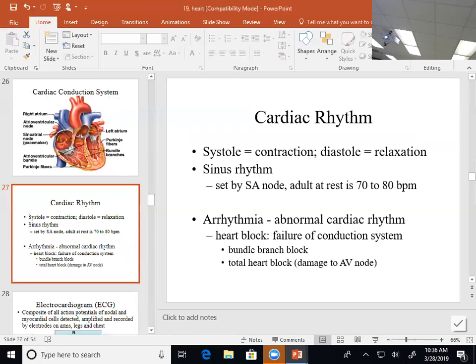Systole is going to be contraction, so when you hear that word, you know contractions happen there. And diastole is going to be what? Relaxation. So you've got to kind of know that.